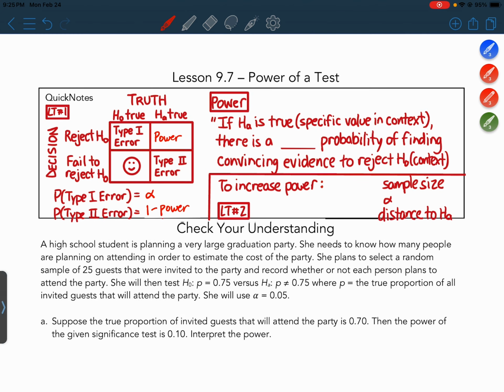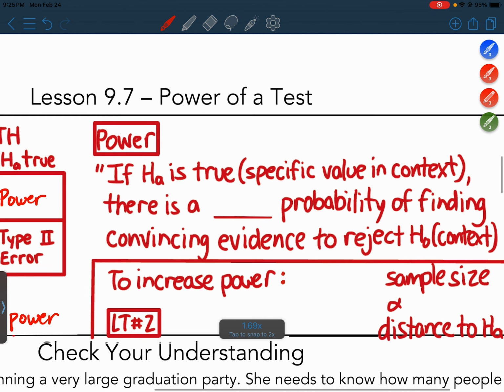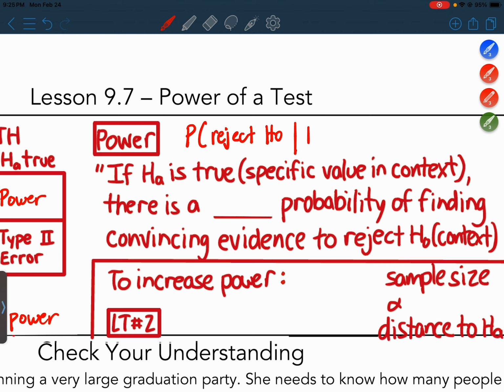All right, let's formally define the power of the test. The power is the probability that we reject the null hypothesis given that some alternative value is really true. And then here's a template that you can use to interpret power.